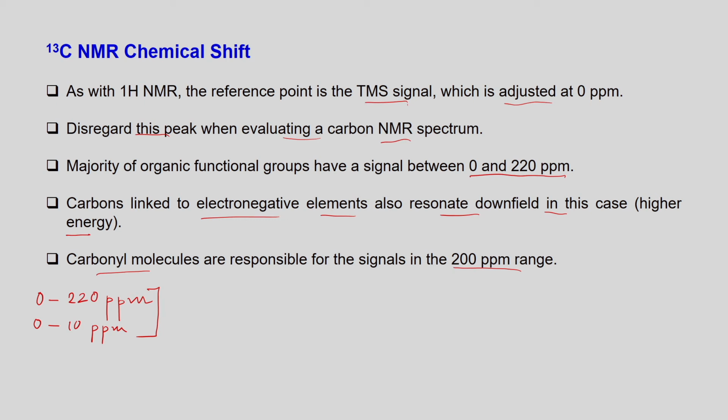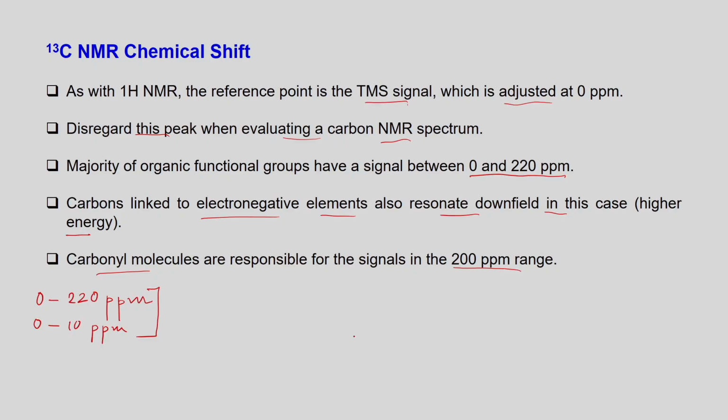It needs a very sensitive detector, because they are weakly absorbed because of the lower amount of nuclei. Even so, we arrange this entire range from 0 to 200, while in the case of proton, we have seen that it goes from 0 to 10.